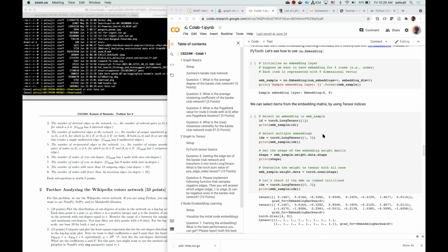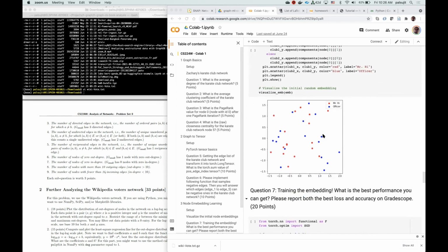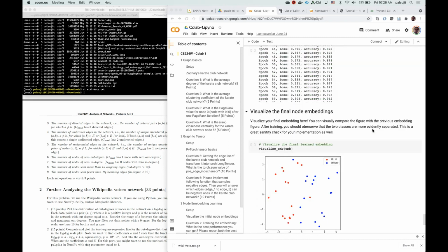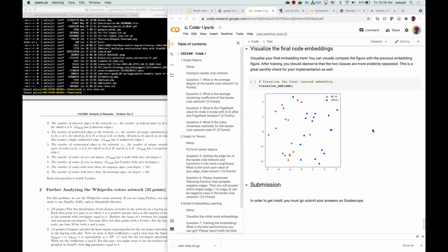Before I go into the depth, this is what the embedding weights look like before the training. And this is what the weights look like after the training. The blue dots represent edges that are not connected to each other, negative pairs, and the red dots represent pairs that are connected.